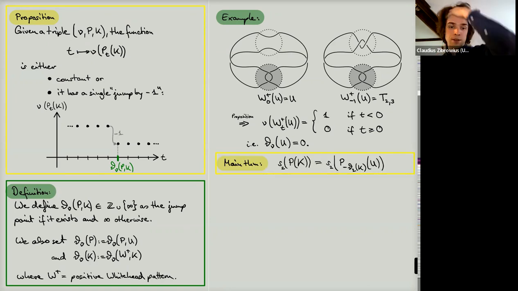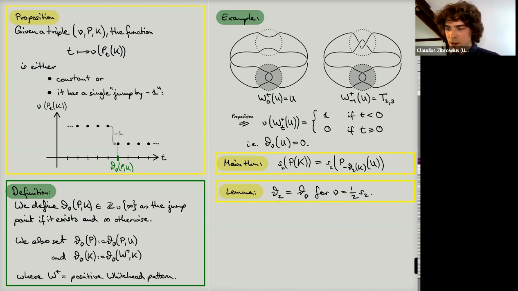Now let's come back to our main theorem. This said that we can compute the Rasmussen invariant of any satellite knot by replacing the companion by the unknot, and then simply adding a certain number of twists, which is determined by this theta2 of k. As the notation already suggests, this theta2 is precisely the theta invariant, theta nu, for nu equal to half the Rasmussen invariant.